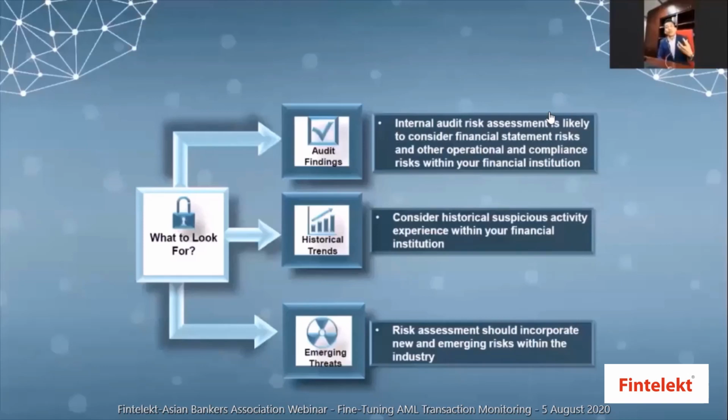Those would be a good indicator as to where to start. Okay. The other area that we can look into is to study historical trends. Most organizations, when it comes to studying historical trends, tend to look only into what has gone wrong.